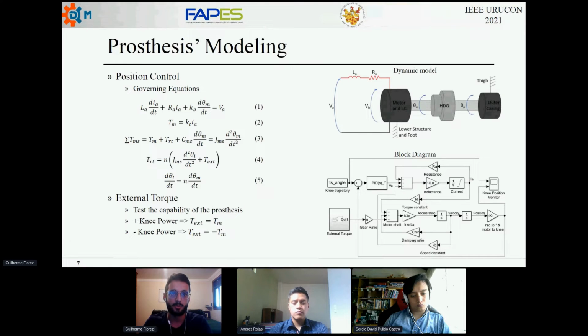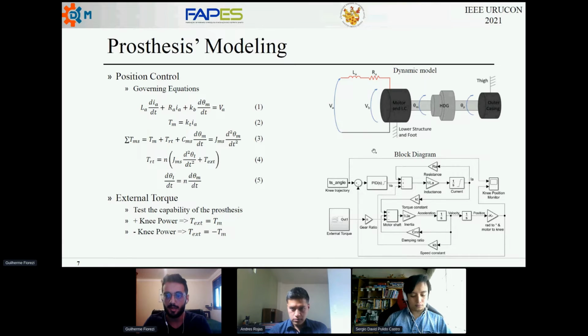And to assess the capacity of the prosthesis, after prototyping the entire structure, we implemented the dynamic model, developed by equations 1 to 5 and implemented on a block diagram in Simulink.